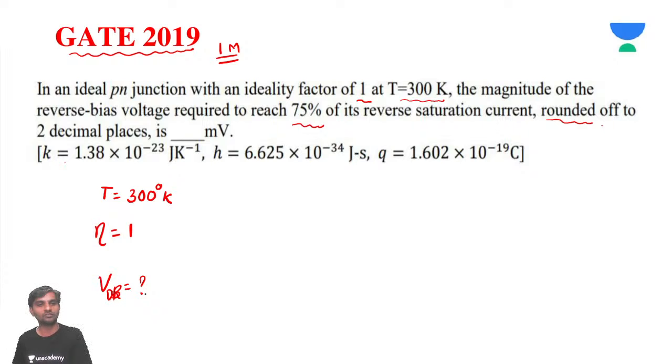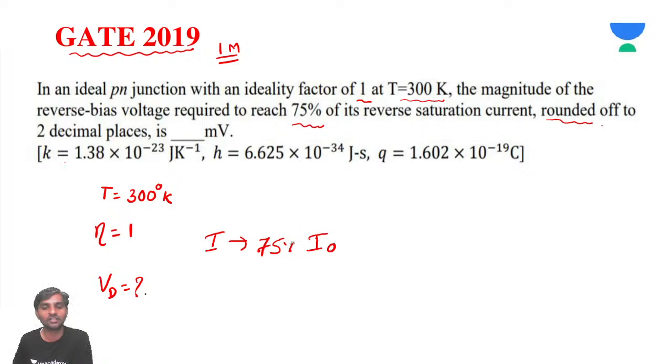Let's consider the PN junction diode. VD: how much is VD required to reach 75% of its saturation current? So he's saying the current should reach 75% of its reverse saturation current.